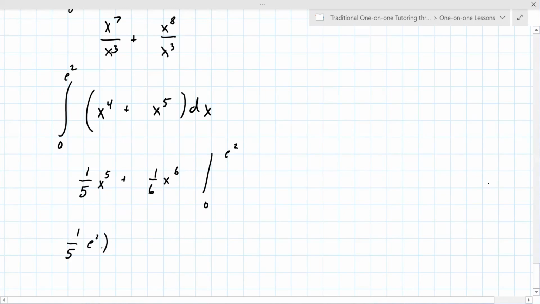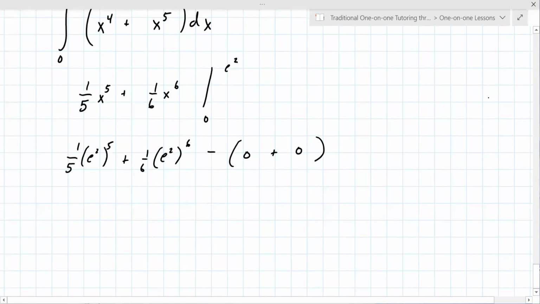So then it's e to the 5th over 5, e to the 6th over 6. So then what do you do with the e's? You've got to remember yet another exponent rule.